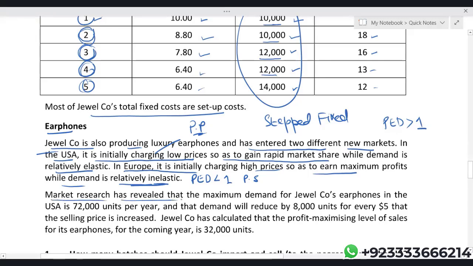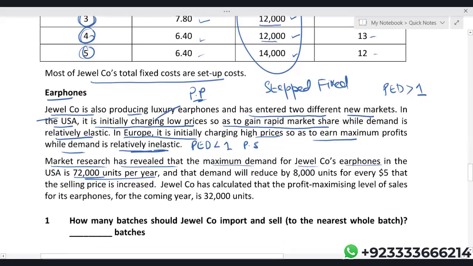Market research has revealed that maximum demand for the Joule earphone is 72,000 units per year. The maximum demand which is possible, that is 72,000. It cannot exceed 72,000. And that demand will reduce by 8,000 units for every $5 that the selling price increases.